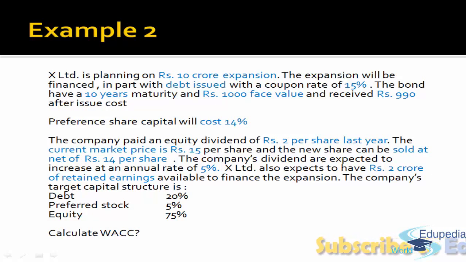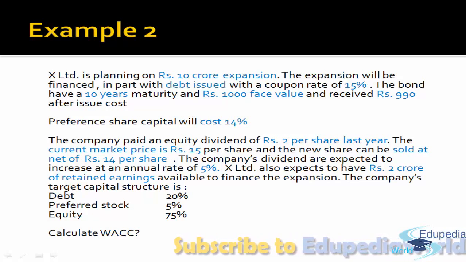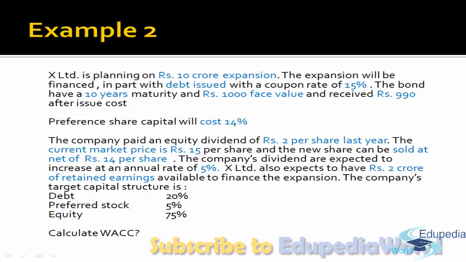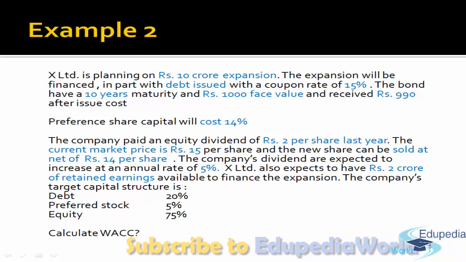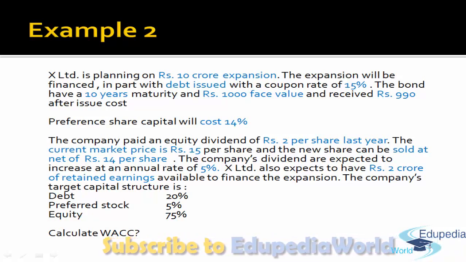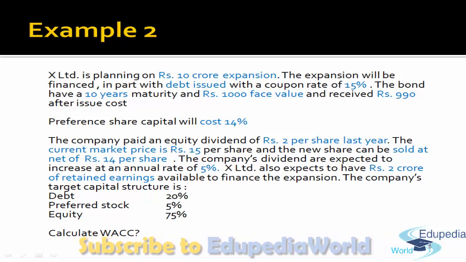What will be the denominator? The current market price is rupees 15 per share and the new share can be sold at a net of rupees 14. So are we going to take 14 or 15? 14 is the net price that you are going to receive in raising new funds.